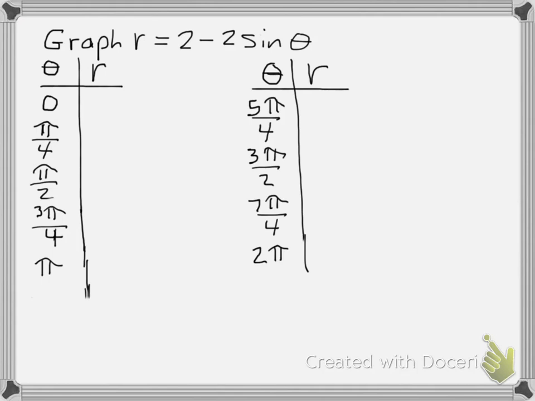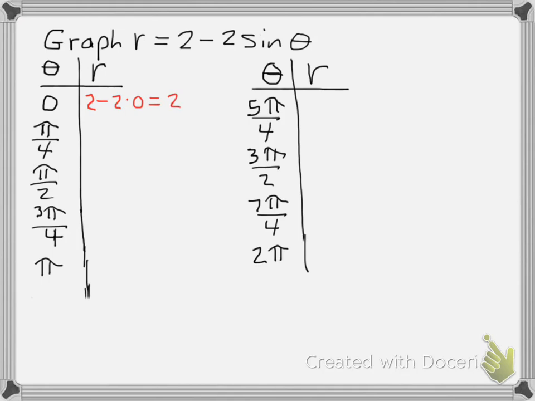So I'll start with the first one here. If theta is 0, then we're going to get 2 minus 2 times the sine of 0. Well, the sine of 0 is 0. So we get 2 minus 0, which is 2.